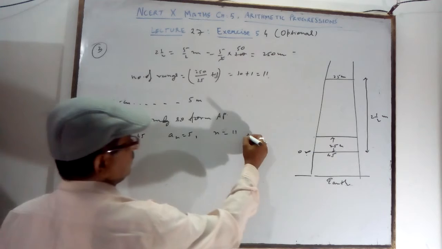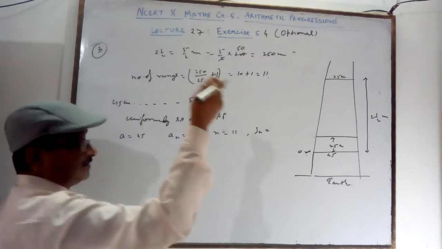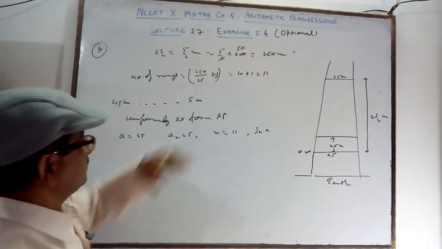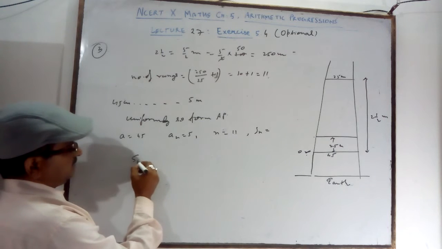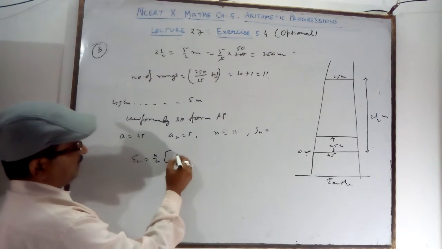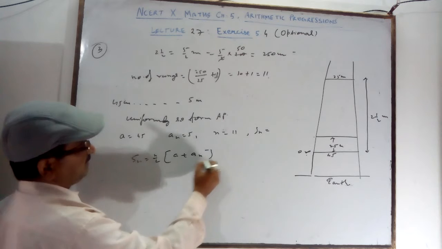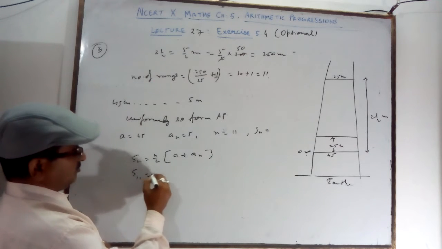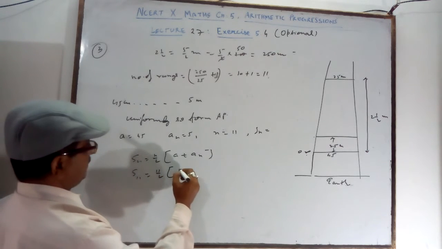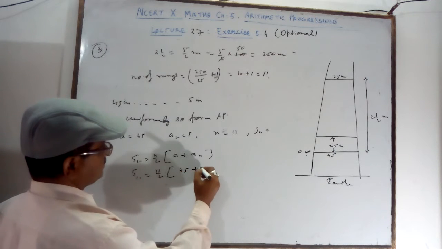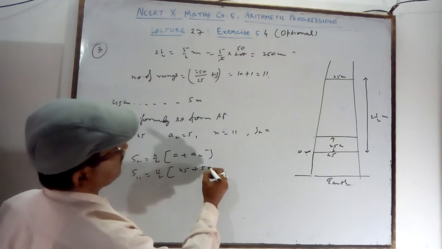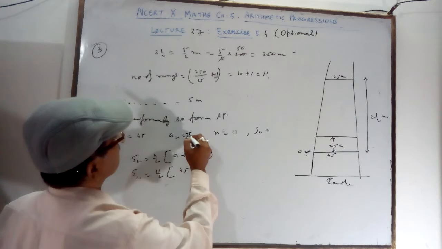You want the total length of the wood by which the rungs are cut. So S N is equal to N/2 times (A plus AN), no need of D. S11 is equal to 11/2 times (A which is 45 plus AN which is 25, not 5).